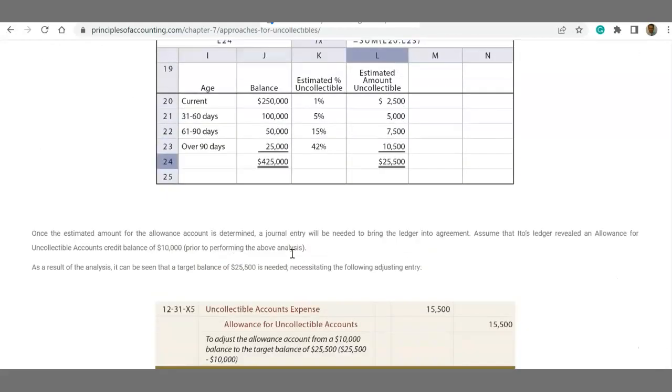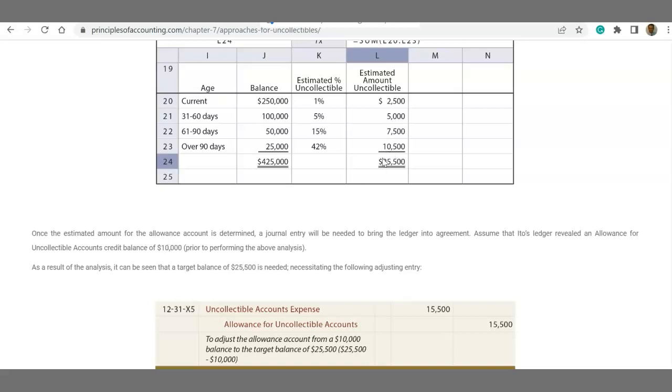So let's say here, once the estimated amount for the allowance account is determined, a journal entry will be needed to bring the ledger into agreement. Assume the company ledger revealed an allowance for uncollectible accounts credit balance left over from the previous period of $10,000.